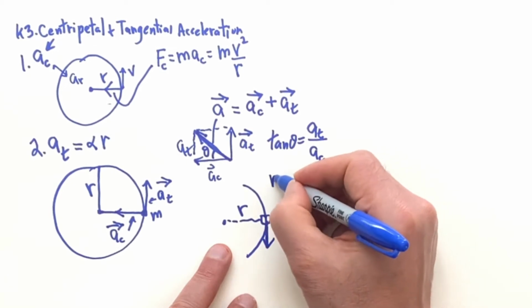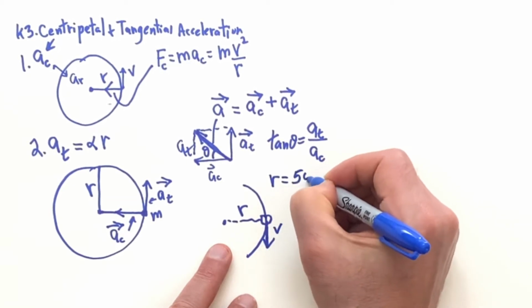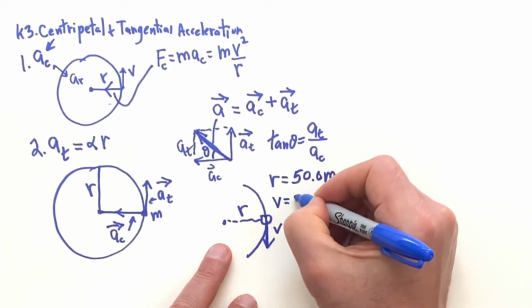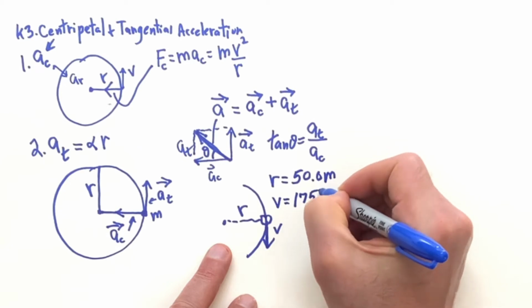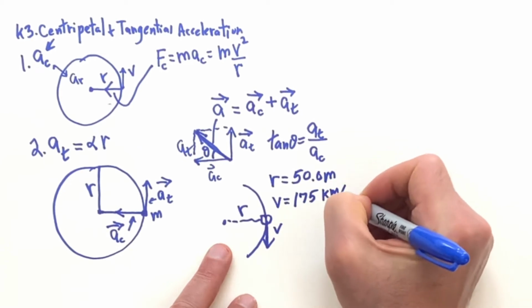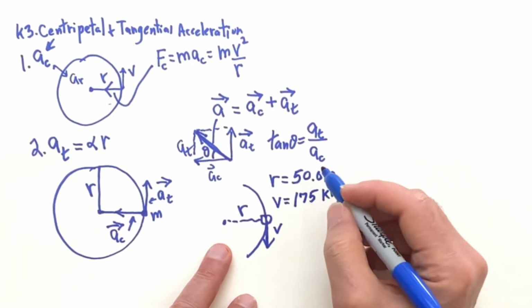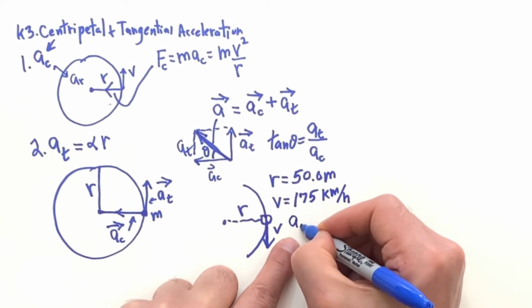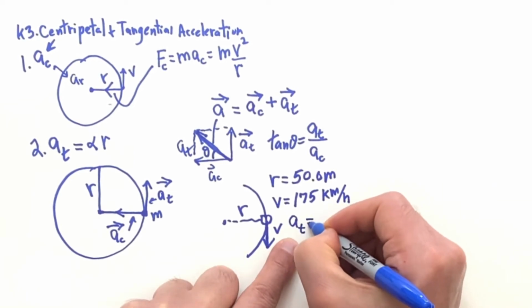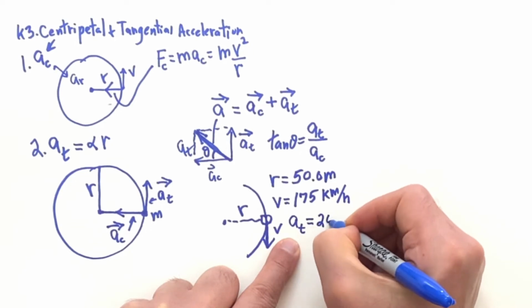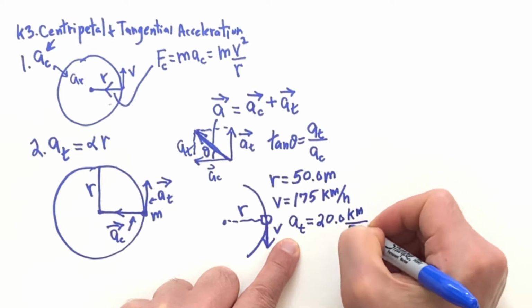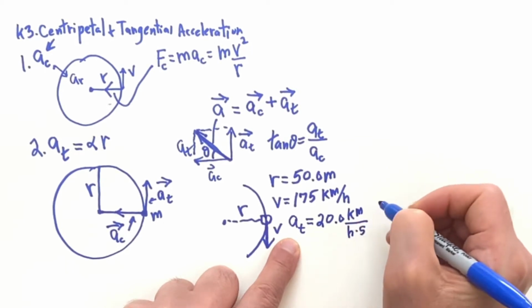We'd have some values: the r is 50.0 meters, and the velocity for the racing car is 175 kilometers per hour. And the acceleration, looking at the speedometer, this is the tangential acceleration. This is 20 kilometers per hour per second.